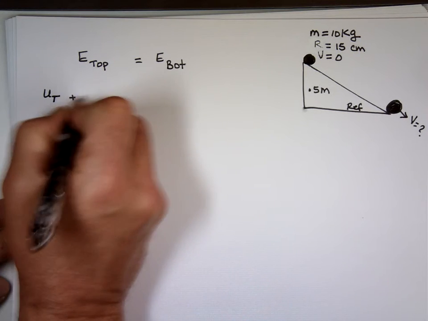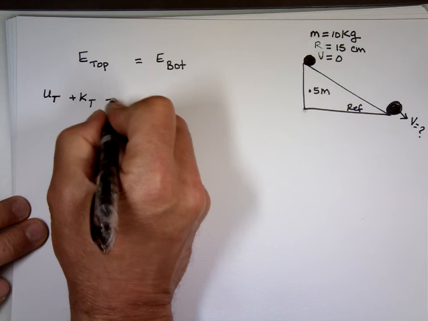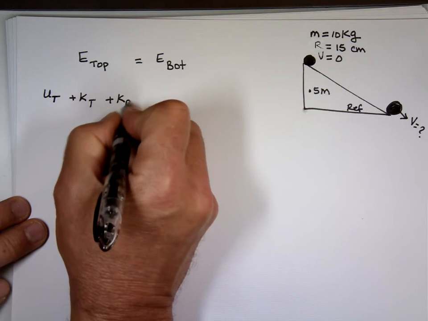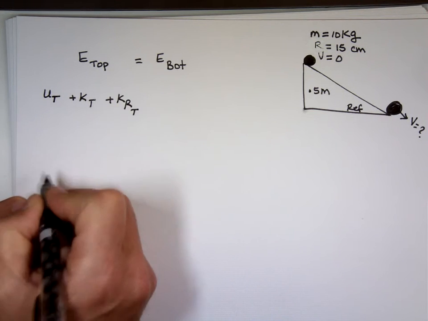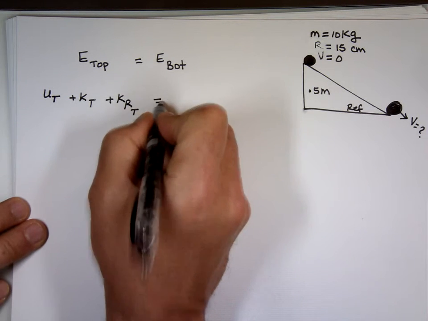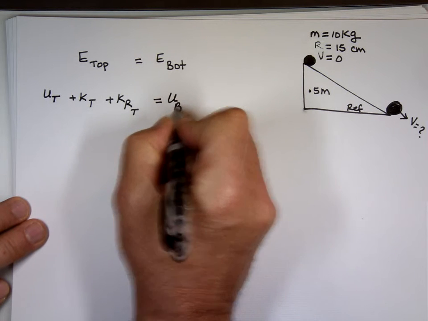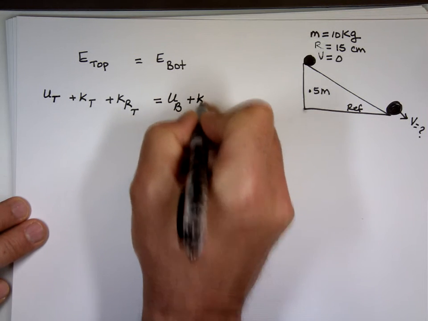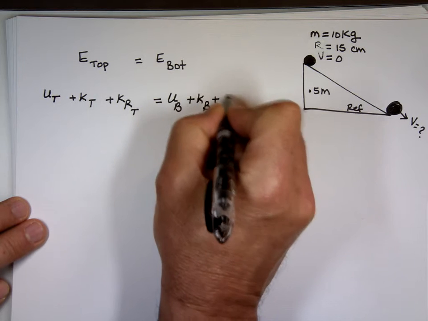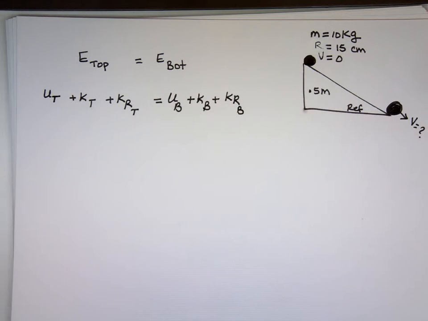We have kinetic energy at the top, and we have rotational kinetic energy at the top. At the bottom, potential energy, kinetic energy, and rotational kinetic energy. And let's see what each one is.